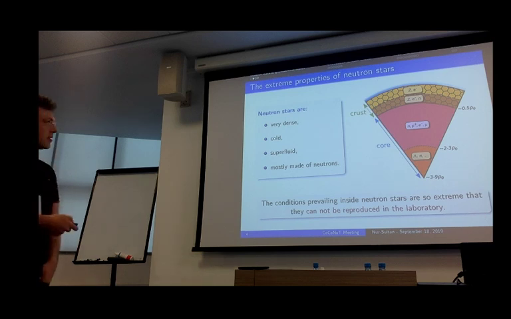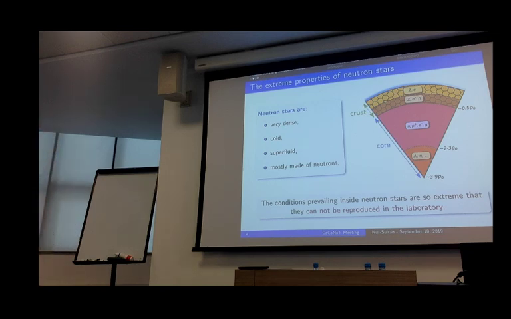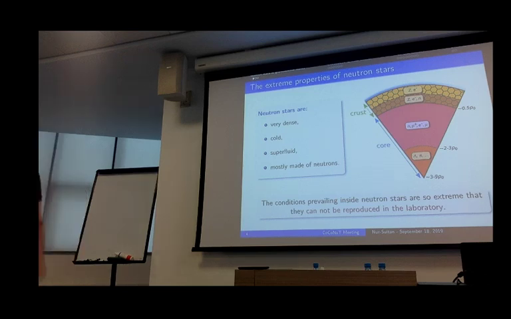These physical conditions are very different from what we know on Earth, and they are so extreme that they cannot be reproduced in the laboratory. For these reasons, the exact composition of a neutron star remains poorly known, especially for its inner core.